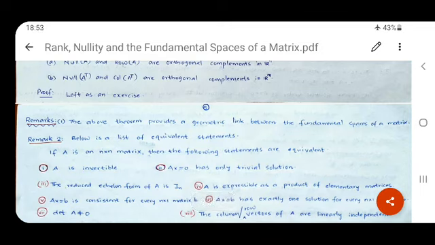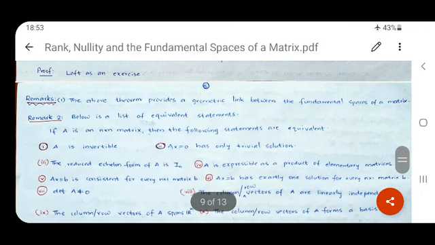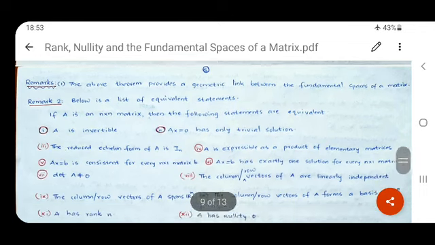Then another remark is that we are given a list of equivalent statements regarding a given n by n matrix. So let A be an n by n matrix, then the following statements are equivalent. First one is A is invertible. Second statement is Ax equal to 0 has only the trivial solution, which you have already proved.